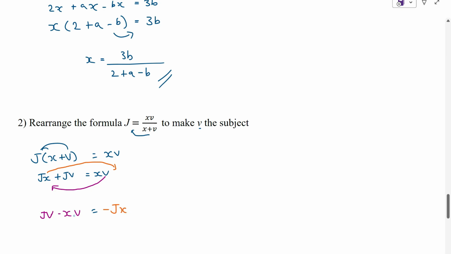Now we've got all the v's on this side, so we can take that out as a common factor and put in the brackets (j - x), which equals -jx. We want v on its own, so let's take that over, leaving us with v = -jx all over j - x.